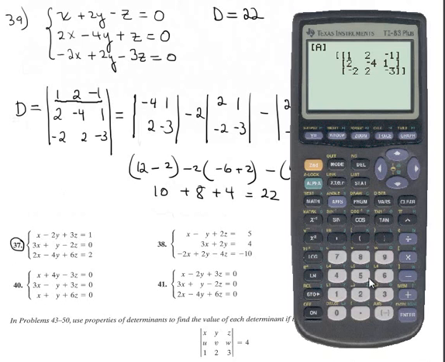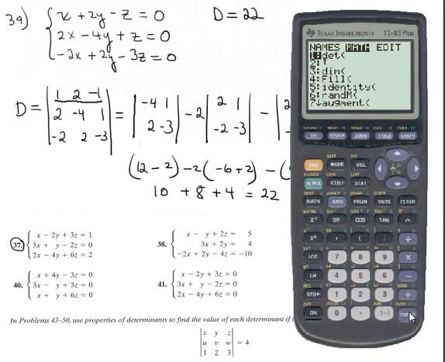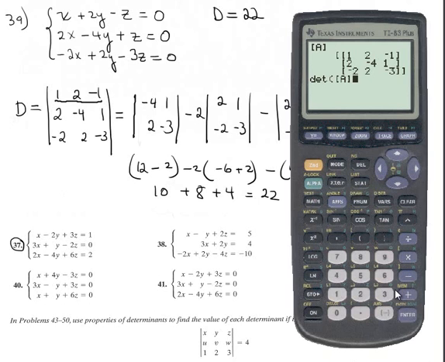So it's super easy. You go to the second matrix, mathematic, and select option 1, which is DET. DET of the matrix A, you select matrix A, close the parenthesis, and the answer is 22. Wow, it's amazing.